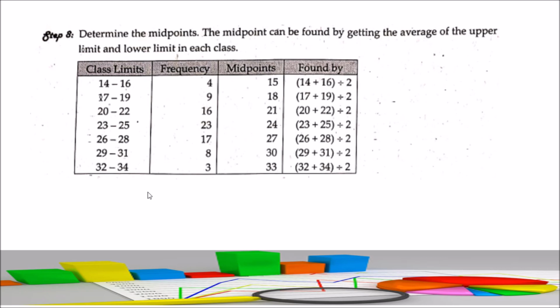Then 20 plus 22 divided by 2 equals 21. And 23 plus 25 divided by 2 equals 24. Until on the last row, 32 plus 34 divided by 2 equals 33. And these are our class midpoints of the given class limits.